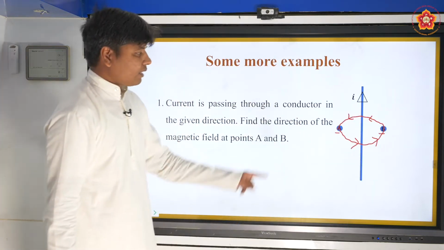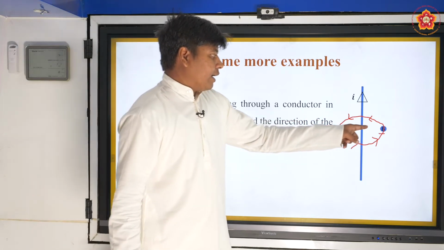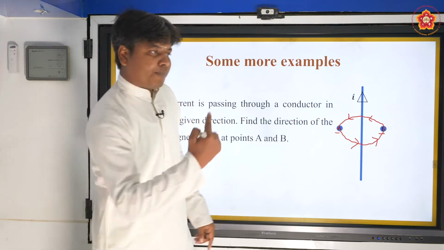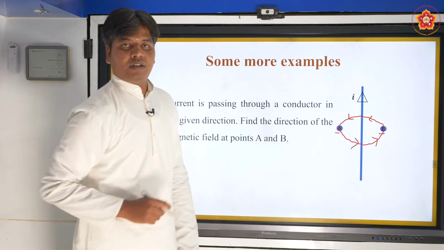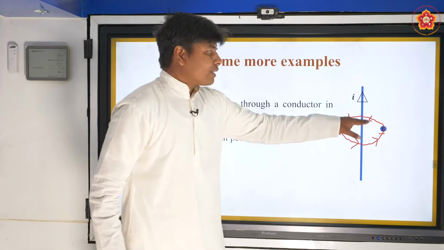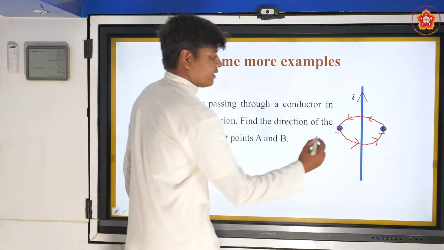Right? The field lines will be like this. It will come outside the board. Through B it will go inside the board, and through A it will come outside the board, forming a circle. Alright. So at B, what is the direction of the magnetic field line? Into the board, right?